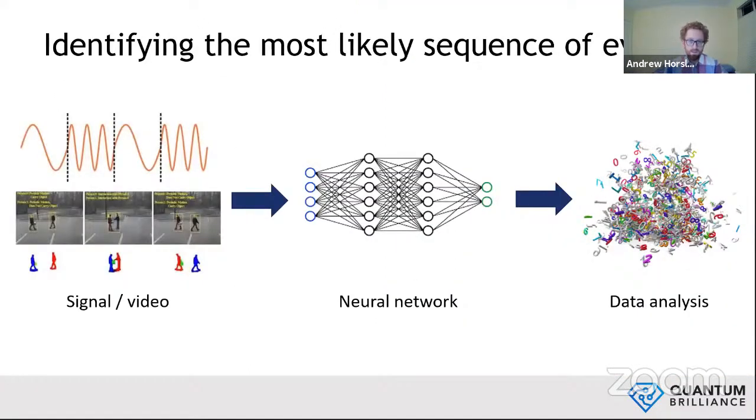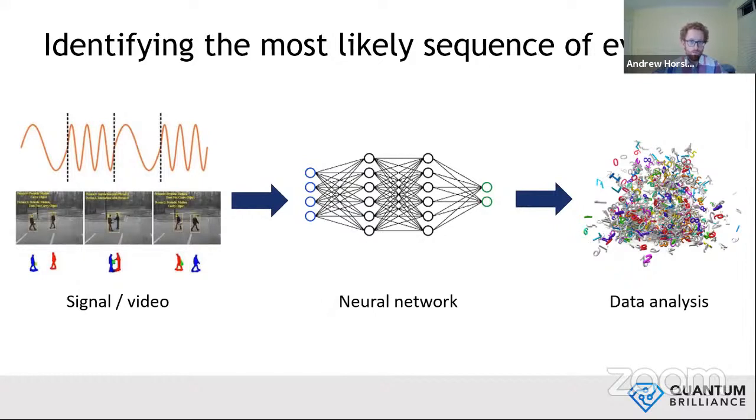What we're doing in these applications is processing signals and images to identify features and then the most likely sequence of events that happened across those signals. This typically involves putting data into a trained neural network, and that neural network then outputs a highly correlated set of results that require further processing to reveal that most likely sequence of events.